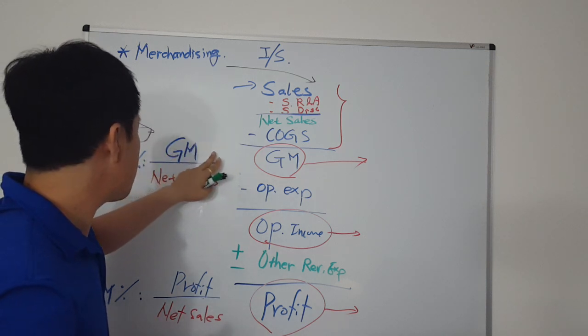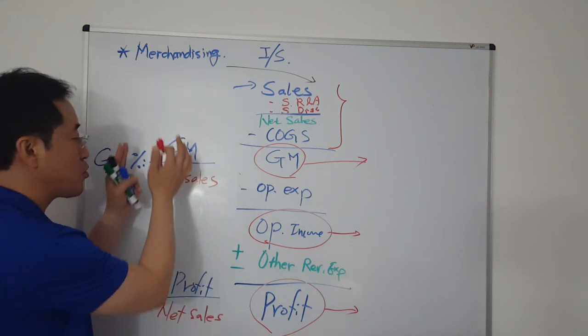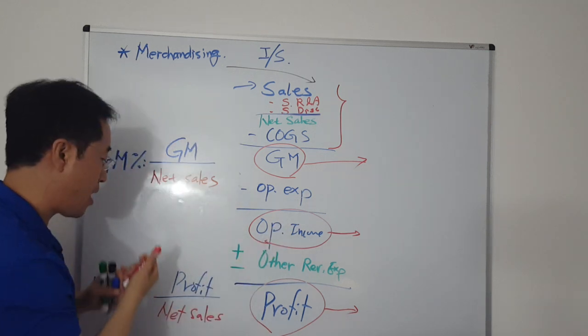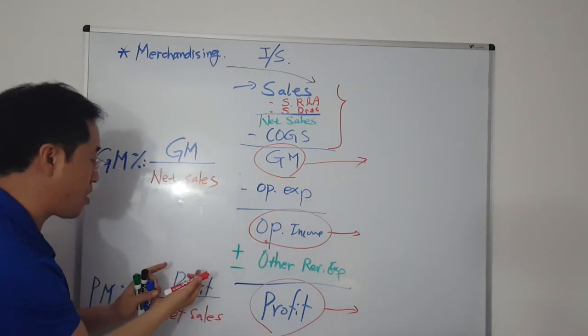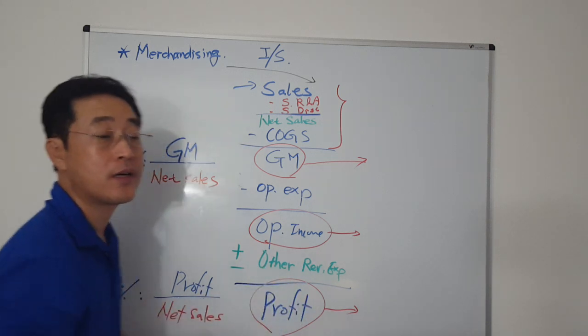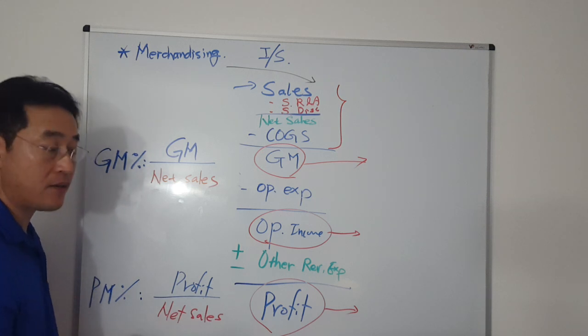Numerator, gross margin. Denominator, net sales. How much gross margin out of our real amount of sale? How much percentage of profit, final profit, out of our net value of sale, real value of sale, real value of revenue?